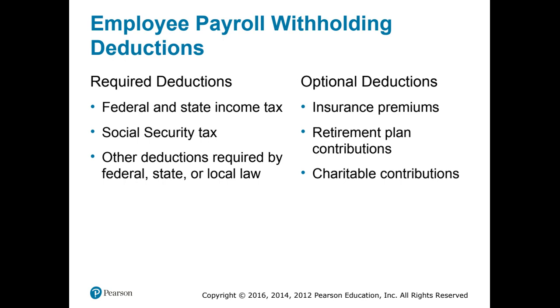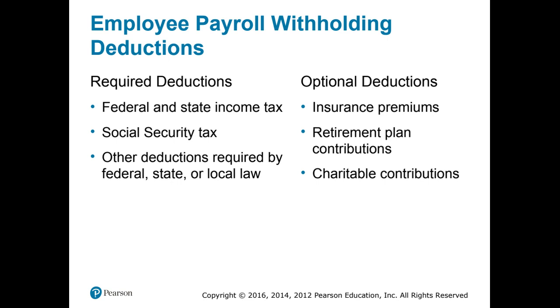So when you get paid, if you look at your pay stub or your pay printout, you will probably see your gross pay, which is the higher amount, and then you're probably going to see federal income tax withheld, state income tax withheld, Social Security, and other deductions required by law.